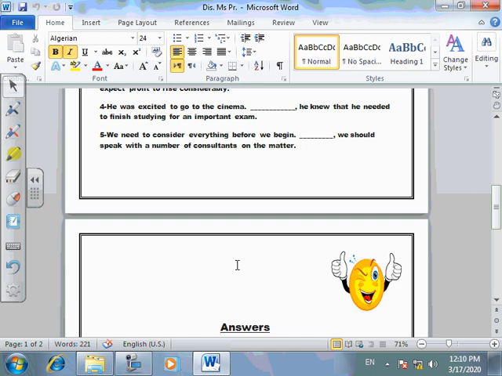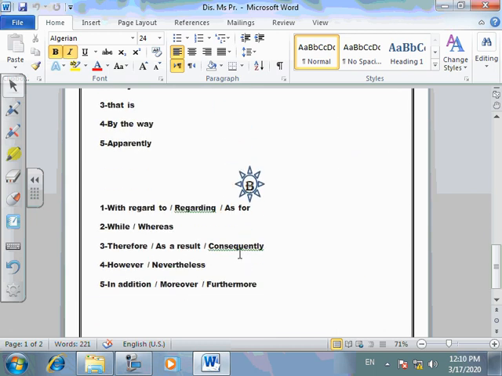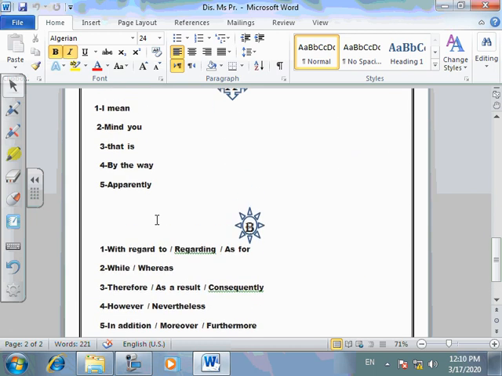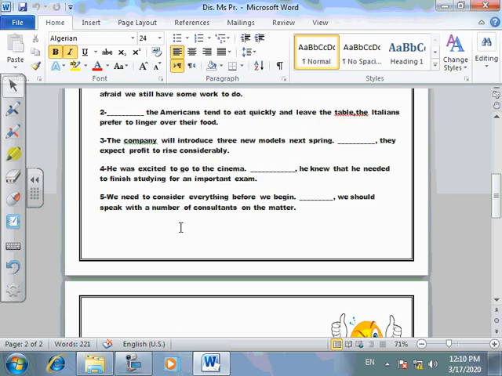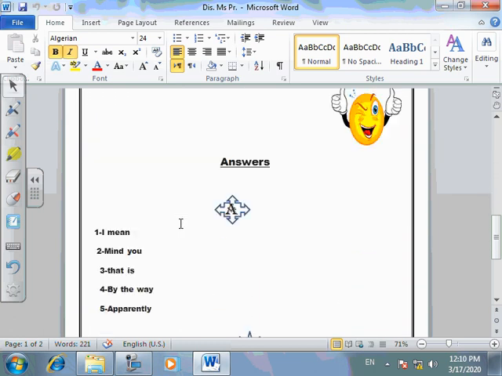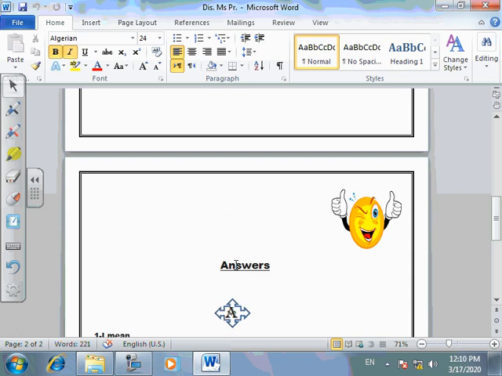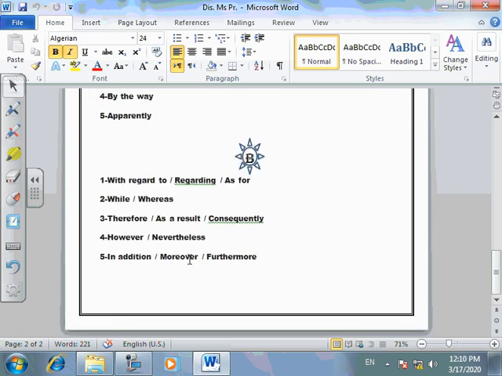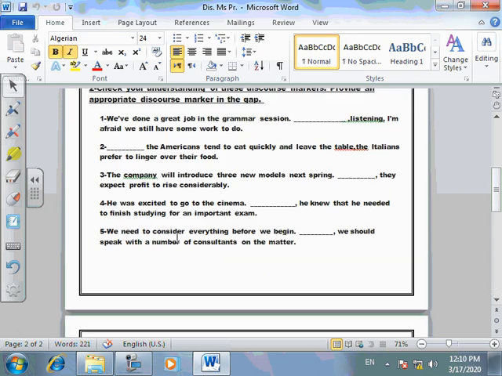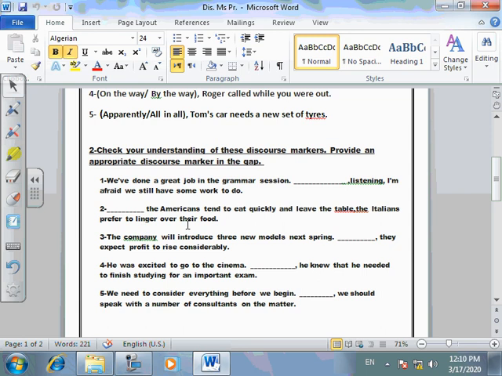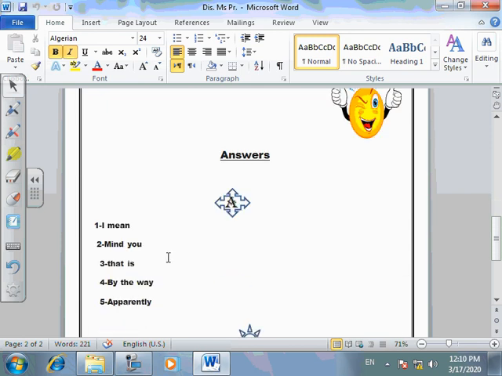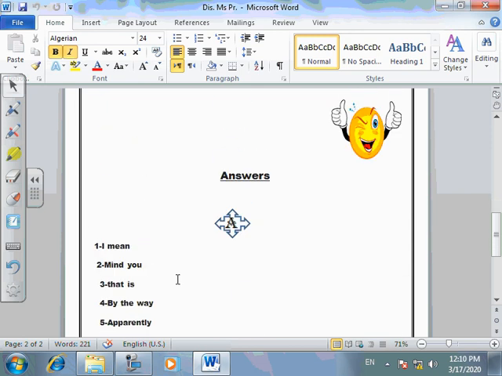Okay, so I will show the answers of exercise B. Number 1, with regard to, or regarding, or as for. Okay. Number 2, while the Americans, or whereas.